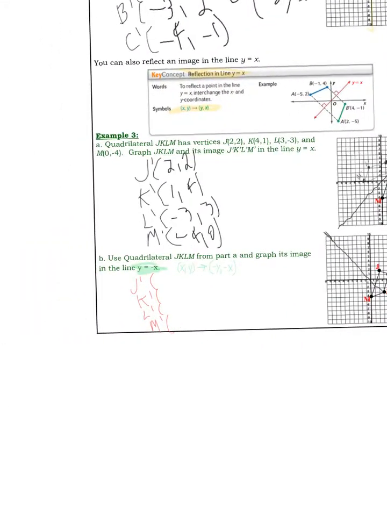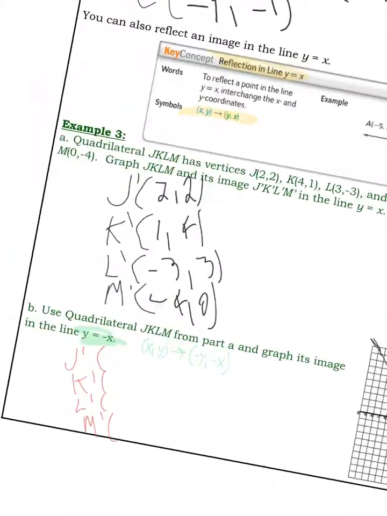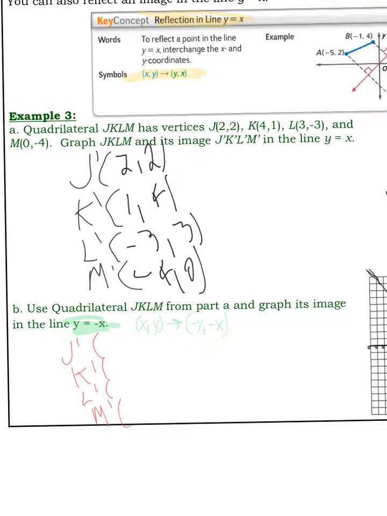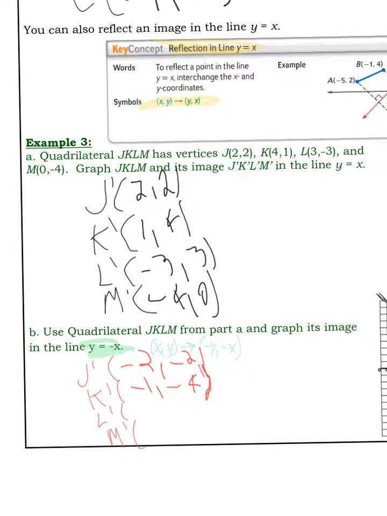So I'm going to look at my original coordinates, the J, K, L, M, and they're the same as before. I'm going to flip the order and change both the signs. So (-2, -2). I'm going to go (-1, -4). L prime is going to be, flipping it would be (-3, 3), then changing the signs would be (3, -3).